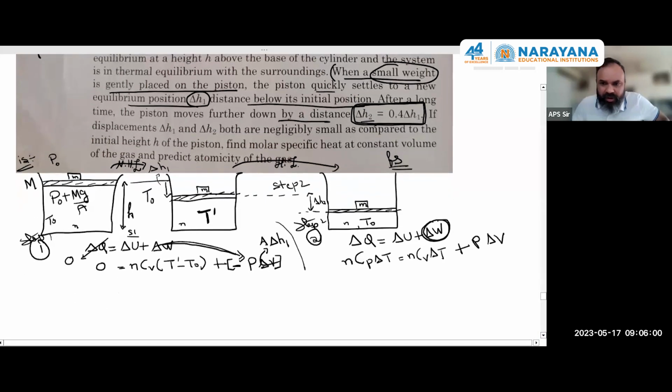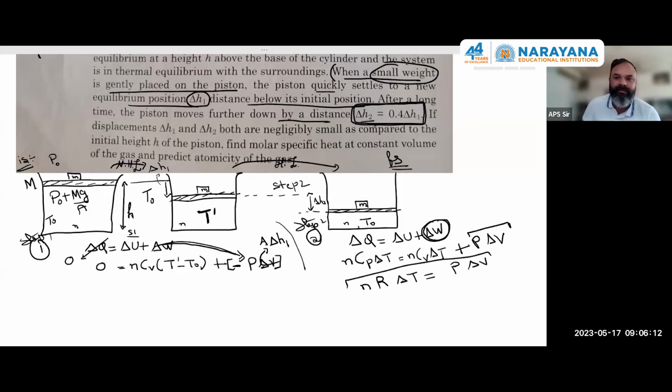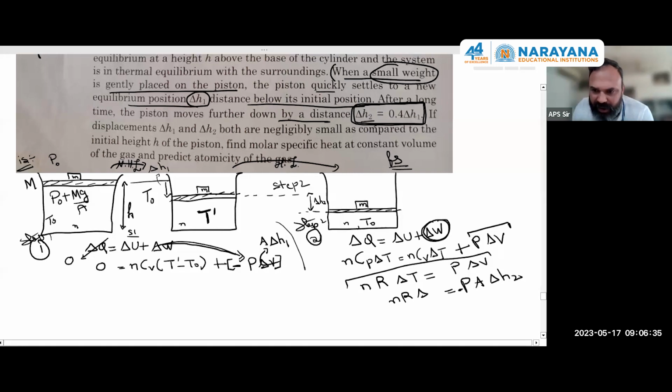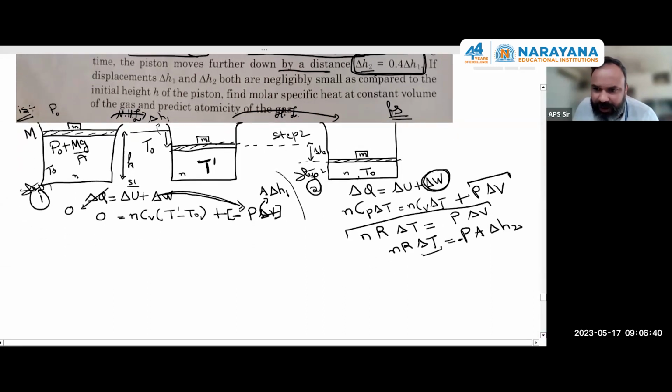Now you observe, there's not much of an issue because this will simply come nR delta T. And this term is coming out as P delta V. Your equation is very similar to P delta V is equal to nR delta T. And everything taken care of, it seems like there is some P term, delta V in magnitude, because I have written P delta V, so I should take a negative sign. So I'll use it here, minus A delta H2. And this comes out as nR delta T.